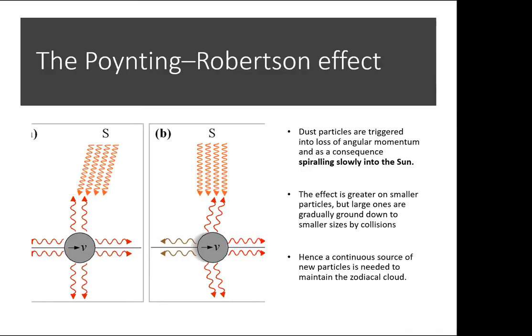So you can think of it like that, the front side of the moving object gets more of the incoming solar radiation, and that very, very slightly slows it down, because it's giving it a partial push backwards and resisting the motion around the orbit. And that's why the dust spirals inwards. It gradually loses momentum and therefore falls in towards the sun.